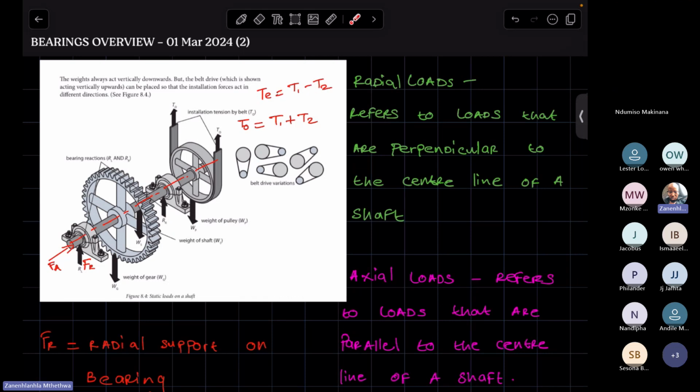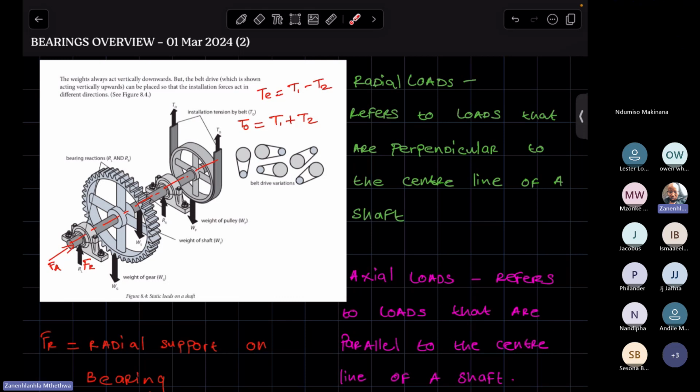And then if the belt drive is not transmitting torque, which we'll always assume for bearings, we instead use the installation tension. The installation tension is regarded as the static load for belt drives, and it is equal to T1 plus T2. Now, I'm assuming people did N1 up to N3.